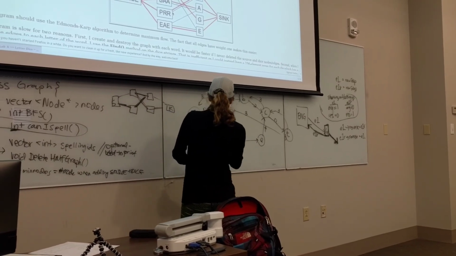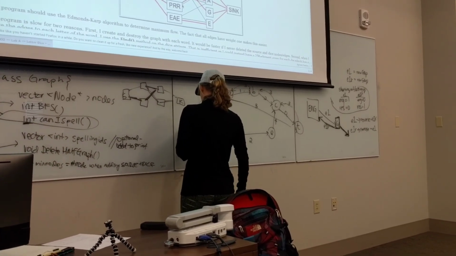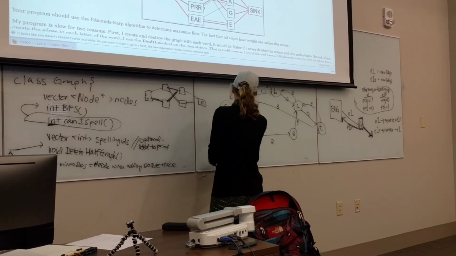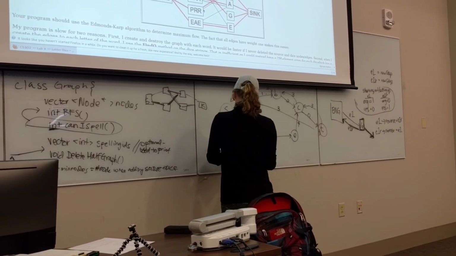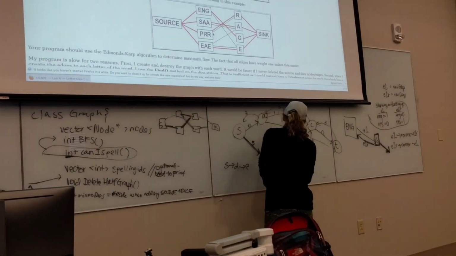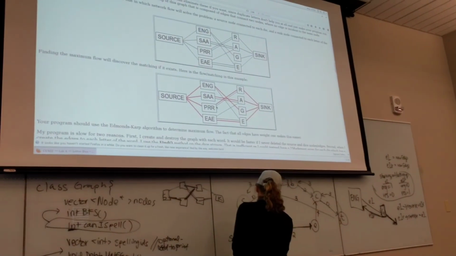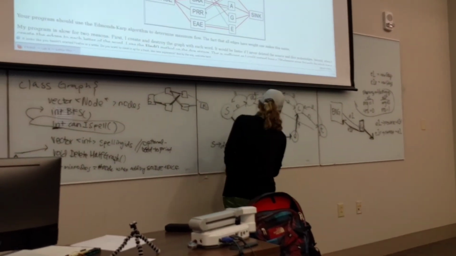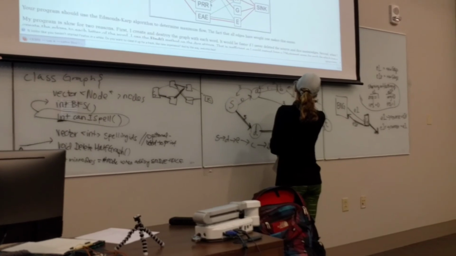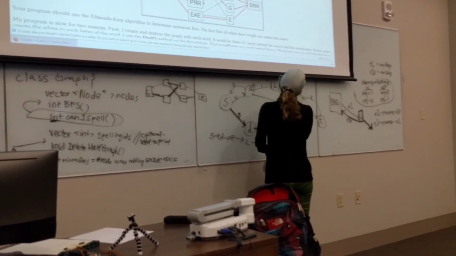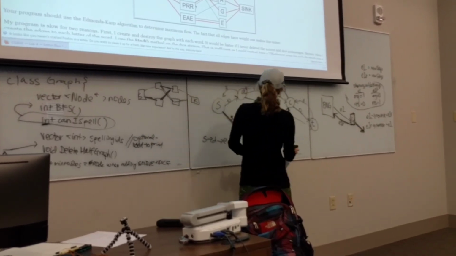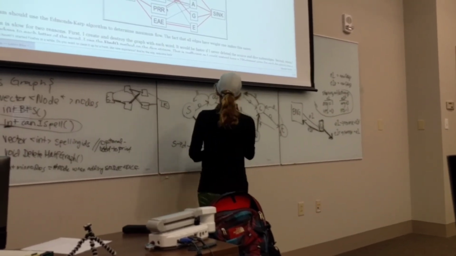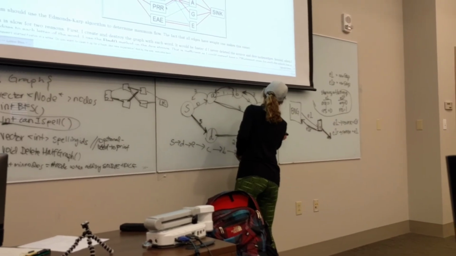So if I was going to give an augmenting path, my next path, let's say, is going to be X, B, E, C, B. So here's where I'm using that backflow. A. T.